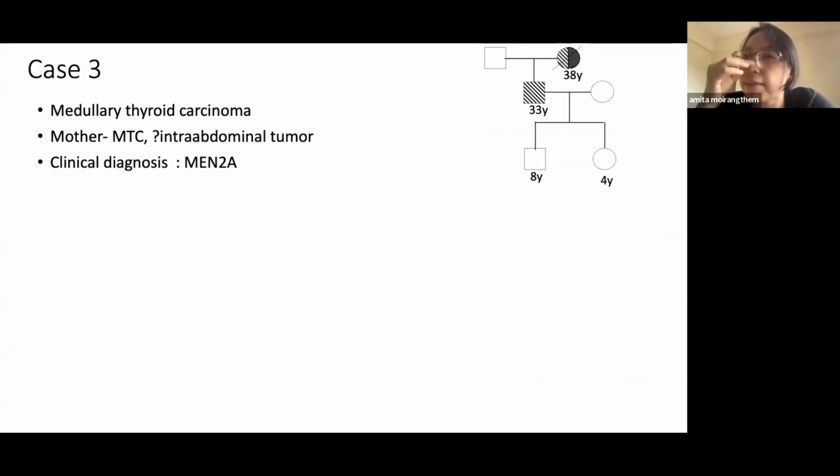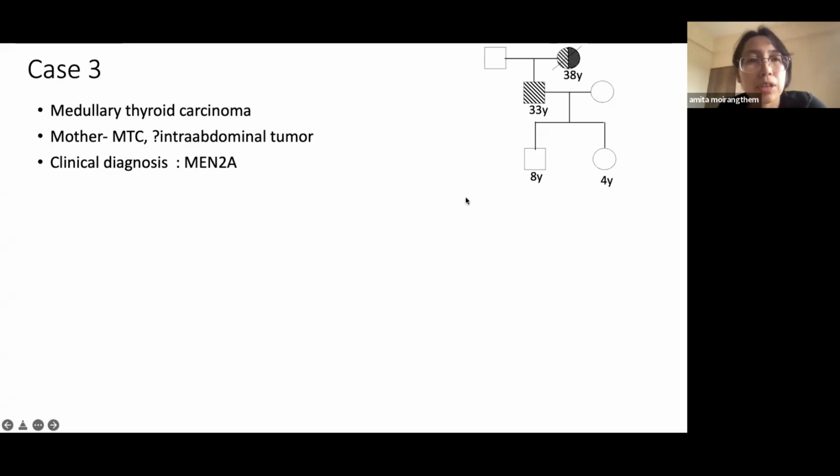To further understand some other concepts, we move on to family 3. This is a family who has come with this particular individual here, a 33-year-old man who has been diagnosed with medullary carcinoma of the thyroid, and his mother and his father had a history of same thyroid carcinoma and some ambiguous history regarding intra-abdominal tumor, and she died in her 50s.